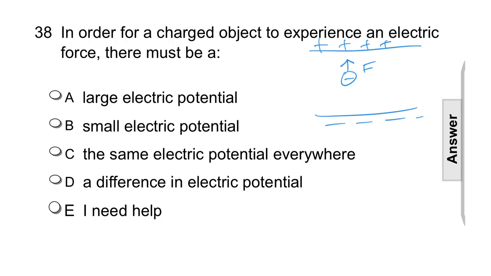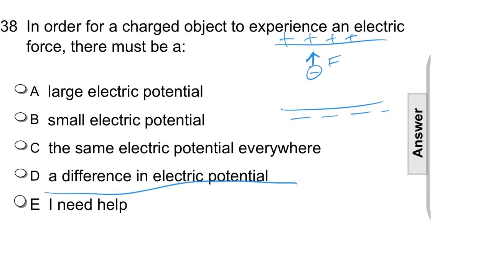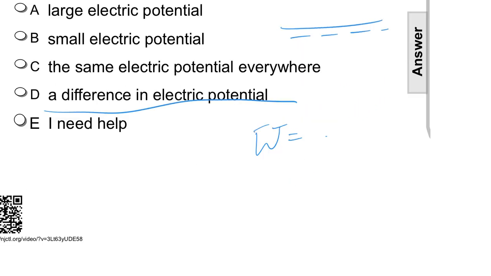But to have that force, there'll be a repulsive force from here pushing in the same direction because of the negative plate. So there has to be a voltage difference in order for it to move, a difference in electric potential. You could also figure it out from an equation.